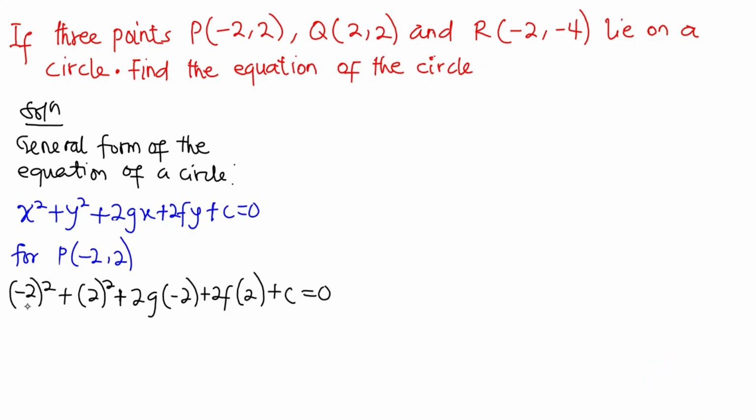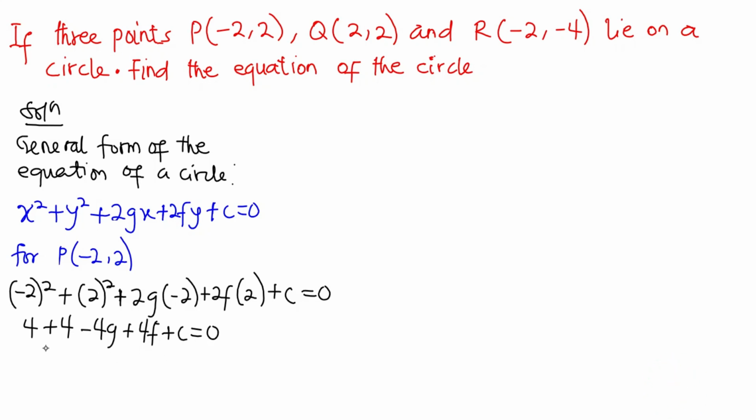So negative 2 squared gives us 4, and 2 squared also gives us 4, and then minus 4g, because negative 2 times 2 gives us minus, plus 4f plus c, equal to 0.